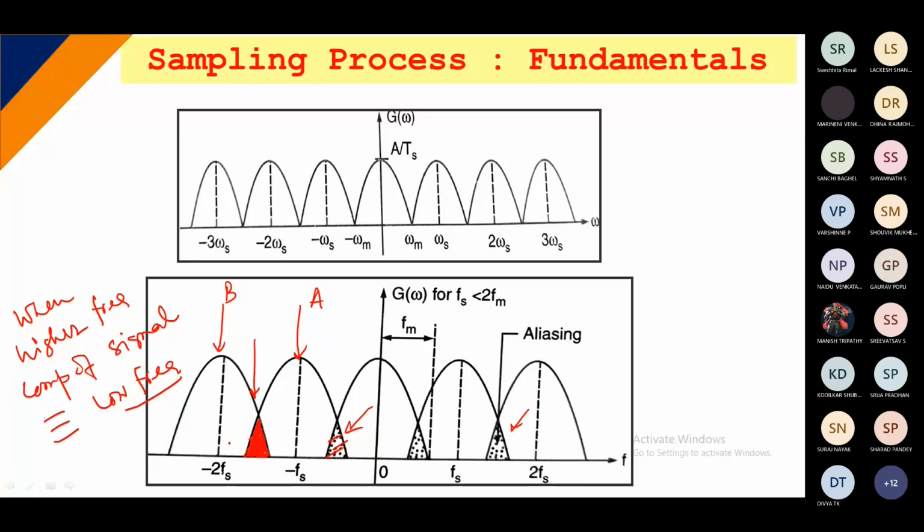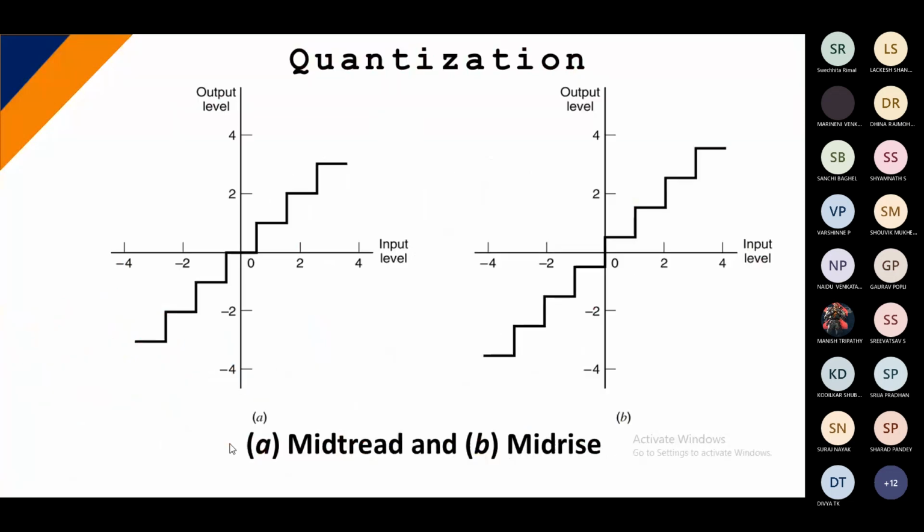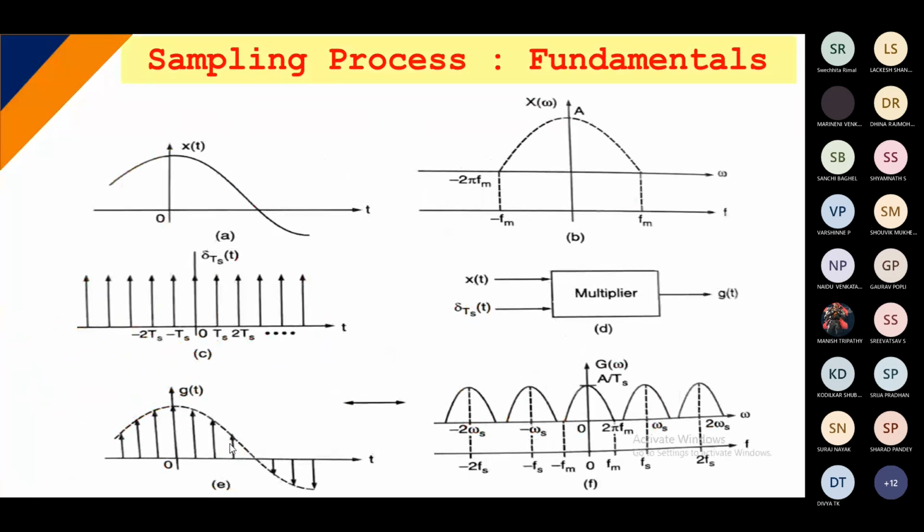After that the sampling takes place. I don't have the block diagram here, but I'll show you next day that there is a low pass anti-aliasing filter specifically placed before the multiplier. After that only the sampling process starts.